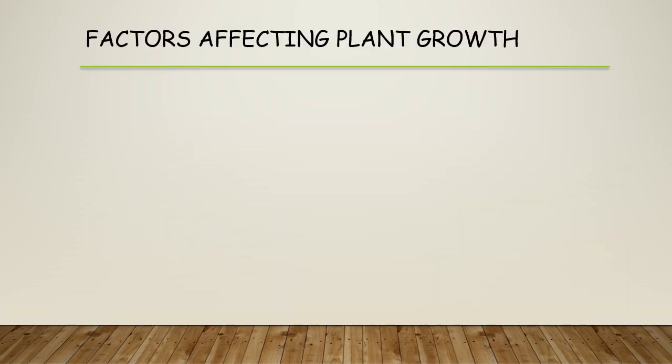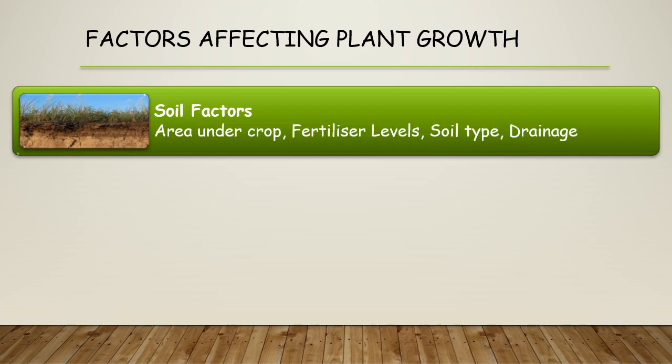So there are a variety of factors that affect plant growth and therefore how successful we are with our agriculture, with our growing crops for food. It starts off with the soil, so the area under crop, as in how much area do we have in our field. And again, you'll be familiar with this from previous biology discussions, that obviously to get more area for a field, you may have to cut down things like rainforest, and obviously then that has a negative impact on our environment.